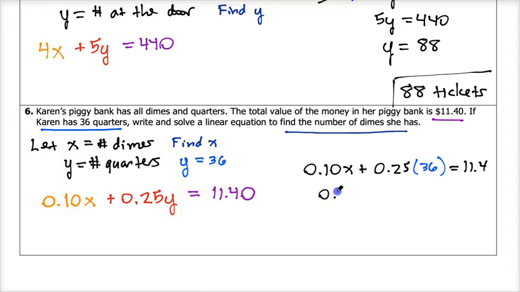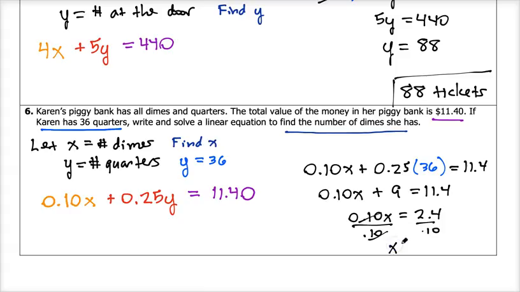So this gives us 0.10x plus 0.25 times 36, which is 9, equals 11.4. If I subtract 9 from both sides, I get 0.10x equals 2.4. And then dividing both sides by 0.1, I get x equals 24. So this tells us that Karen has 24 dimes.